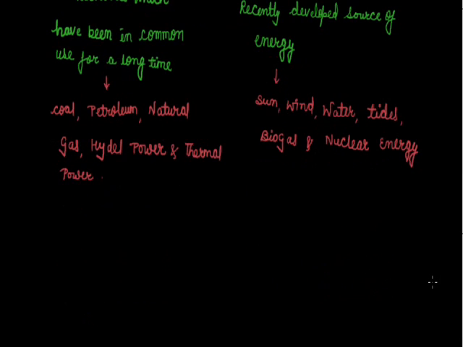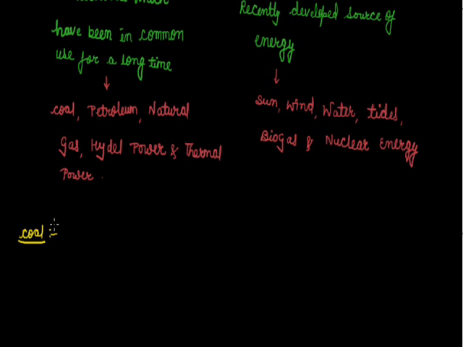At first we will discuss the conventional resources. The very first is coal. Coal is the most abundantly available fossil fuel. Now the question arises, why is it considered a fossil fuel? It is considered a fossil fuel because it is formed due to the compression of plant material over millions of years.